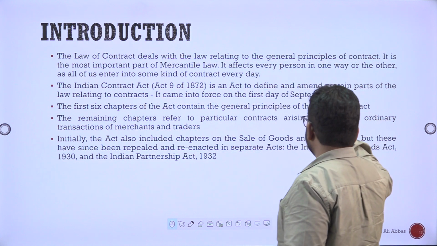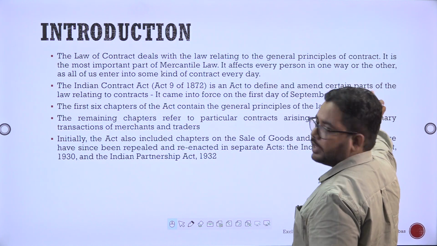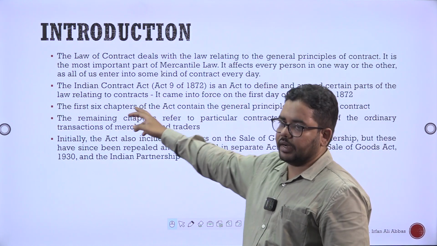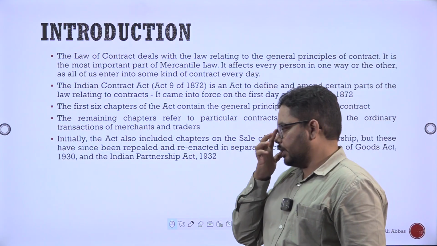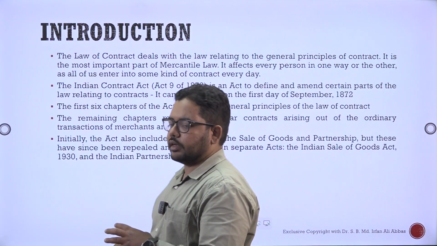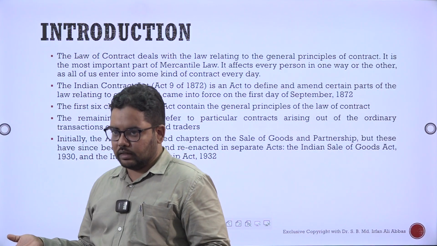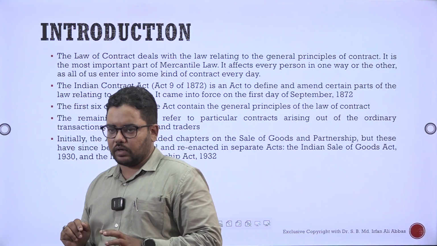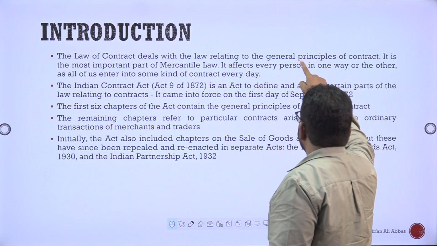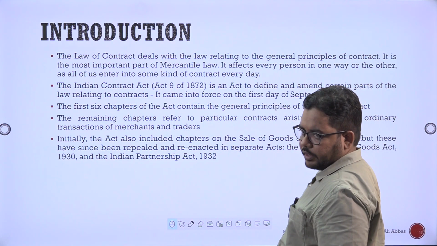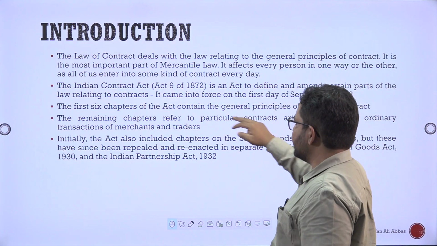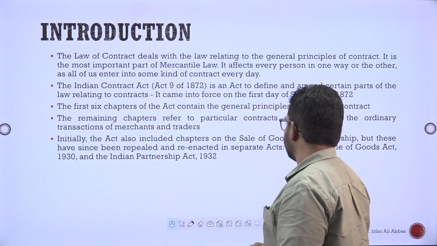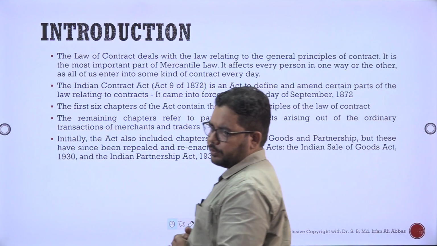It clearly states that it defines and amends certain parts of law relating to contracts. So it is not dealing with all types of contracts, but it is dealing with certain types of contracts, and particularly the general principles of contract. And it came into force on the 1st day of September 1872.